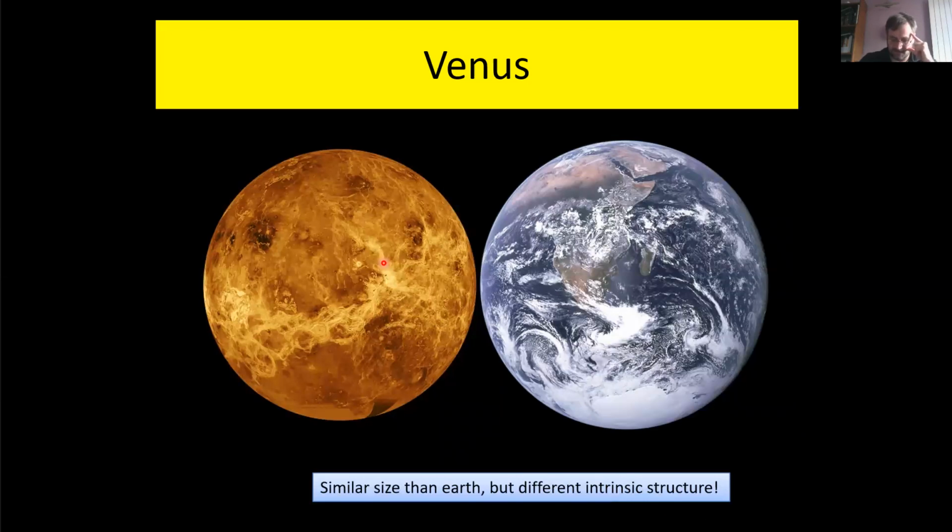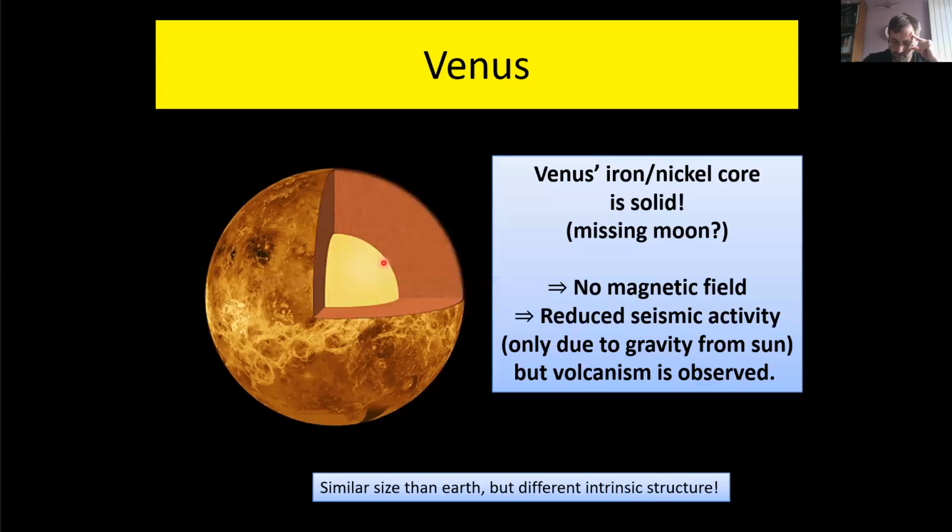It has a similar size to Earth, but its internal structure is different. Its iron-nickel core is solid. It doesn't have any magnetic field. We would explain the magnetic field on Earth with convection currents in the molten upper core of the Earth.